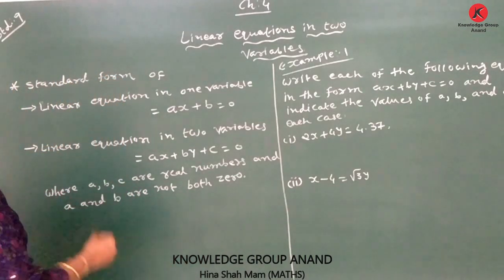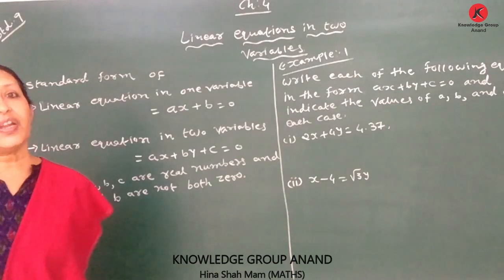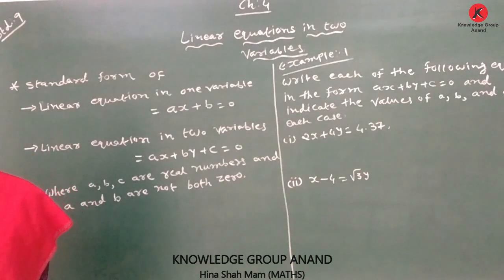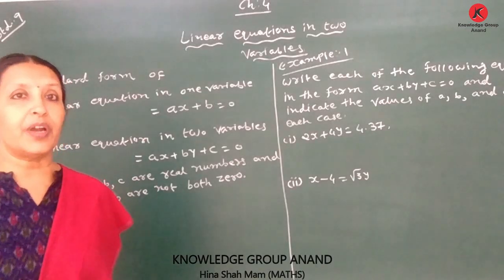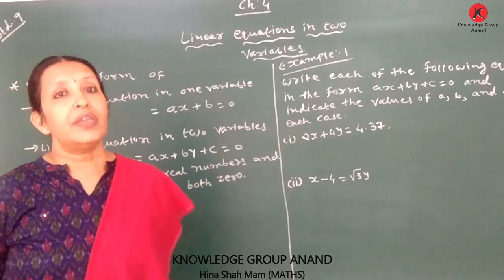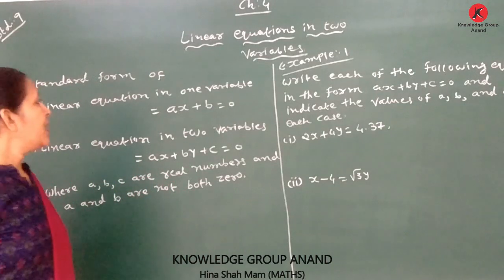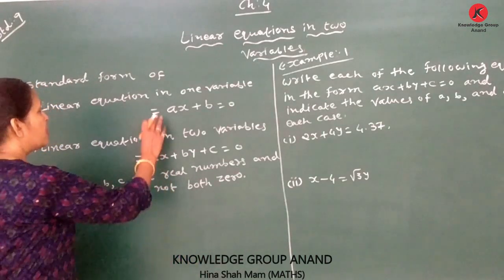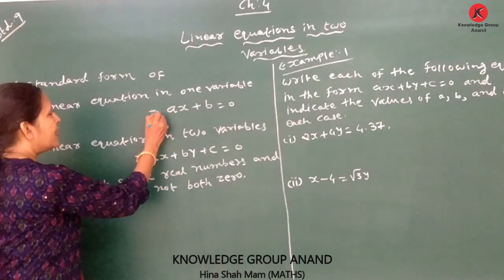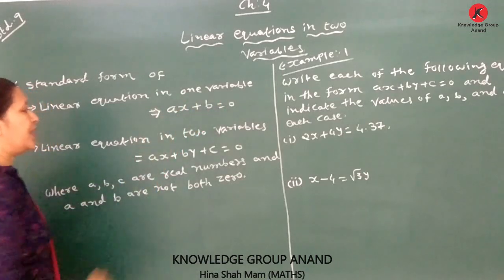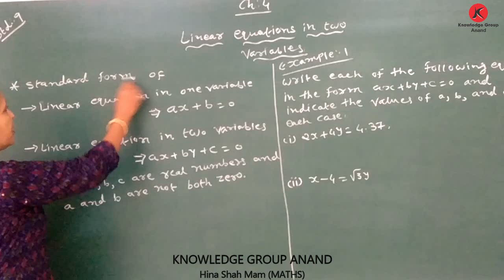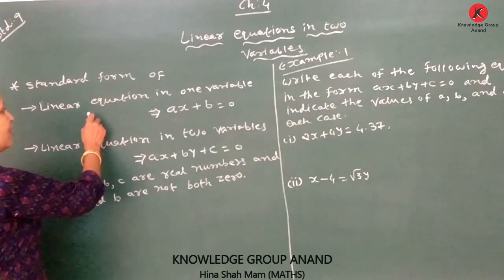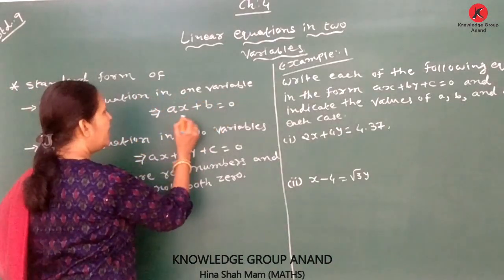chapter, we know that a linear equation in one variable is ax plus b equals 0. We know the polynomial ax plus b equals 0 is a linear equation in one variable.